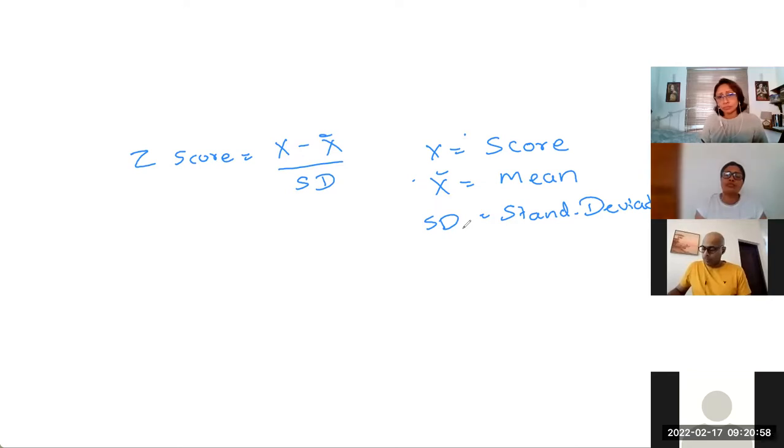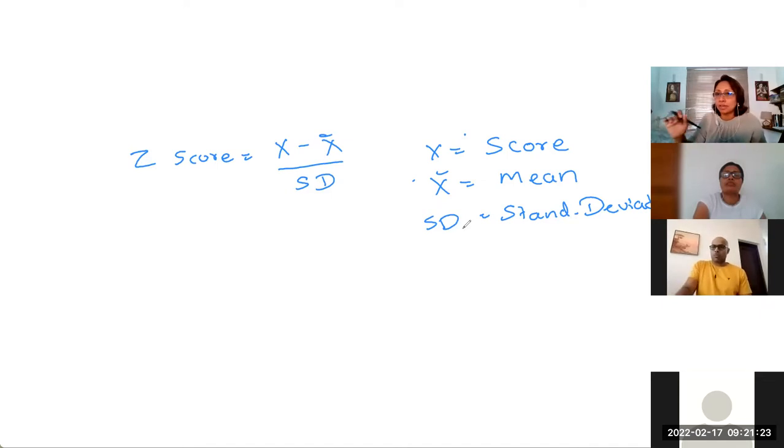So here we are trying to get this standardized score, which is the Z score. And how do we find this? We have to first find the distance from the score to the mean. That is why we say x minus x bar, the distance between the particular score and the mean.